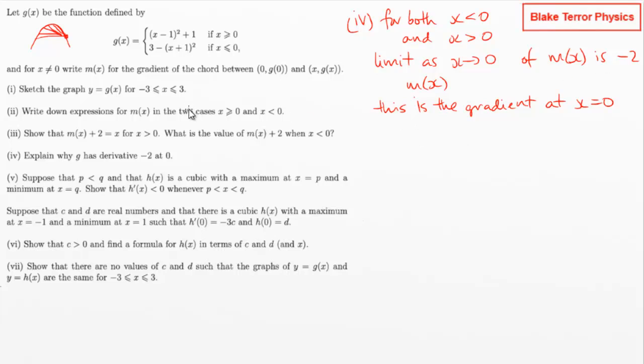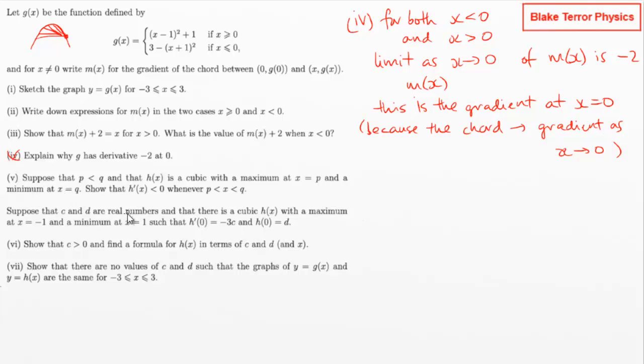Right, so yeah, I suppose you might want to put on something like, because the chord approaches the gradient as x approaches 0. Right, okay.